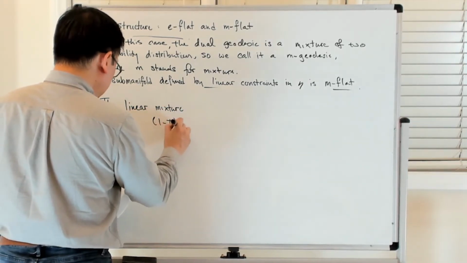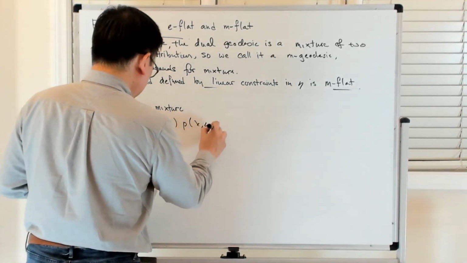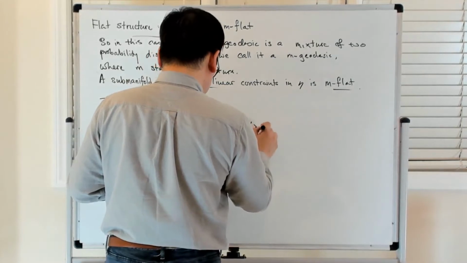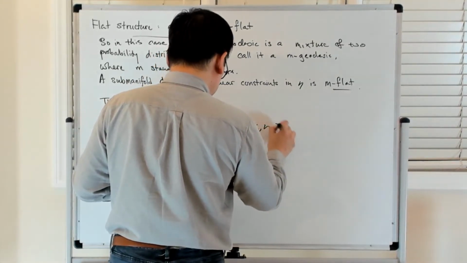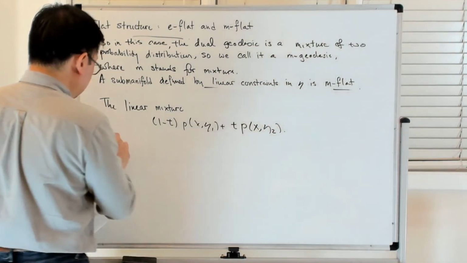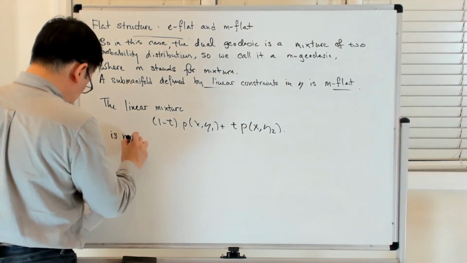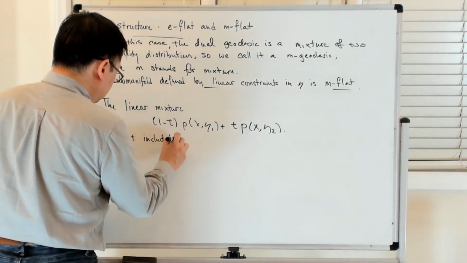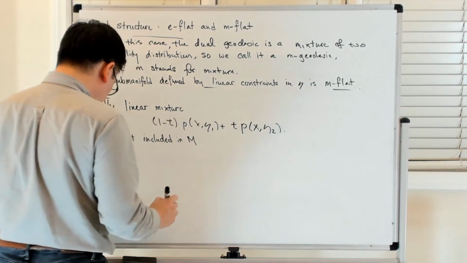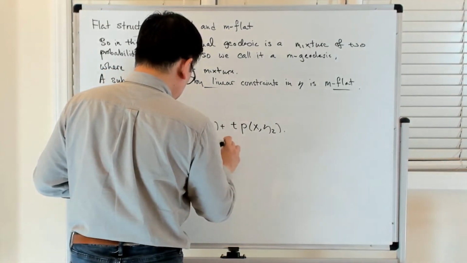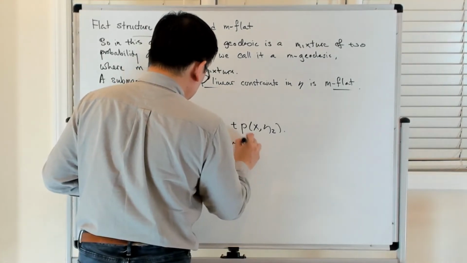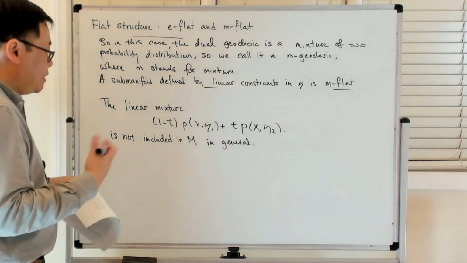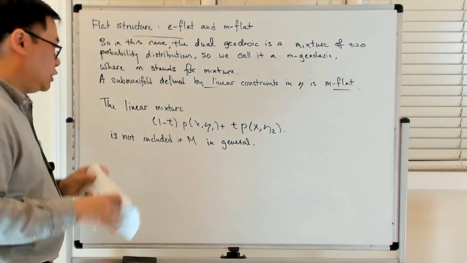(1 minus t) times p(x; eta 1) plus t times p(x; eta 2). So this is a convex combination of two probability distributions. It's not included in M in general. Okay, so what you do instead is something like a nonlinear mixture, if you will.